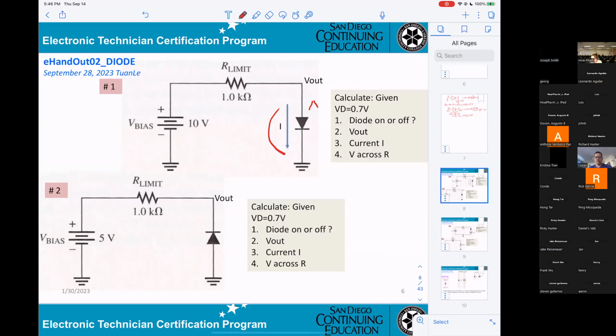A here, C here. What is the VA to C? Volts. Oh, come on. I'm asking a voltage A to C.